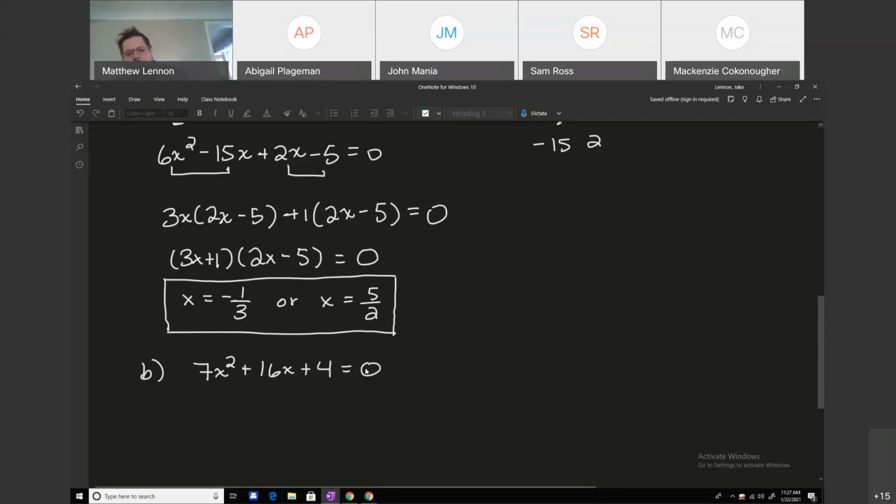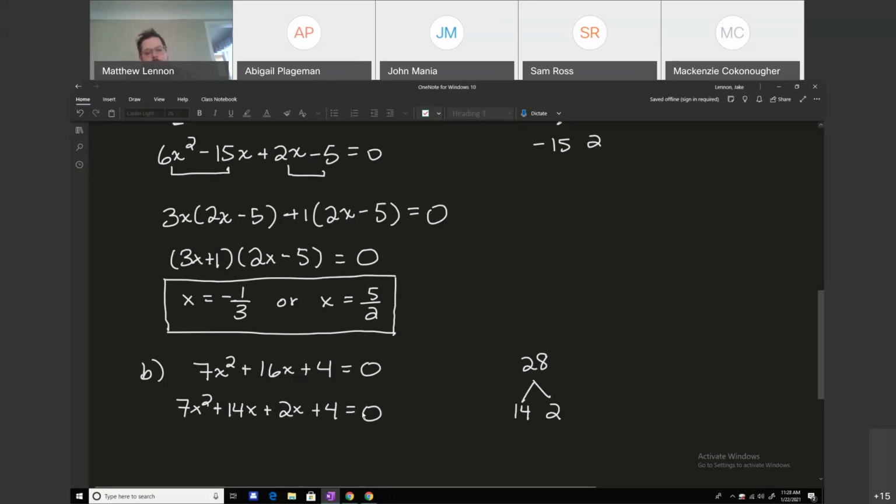So again, multiply the first coefficient with the last coefficient. 7 times 4 gives you 28. And we want factors that would add to 16. So let's do 14 and 2. So we have 7x squared plus 14x plus 2x plus 4 equals 0.